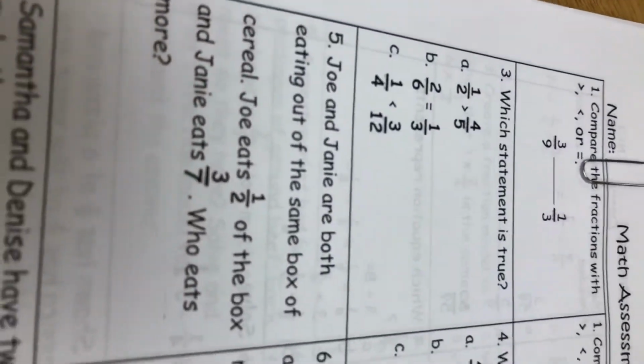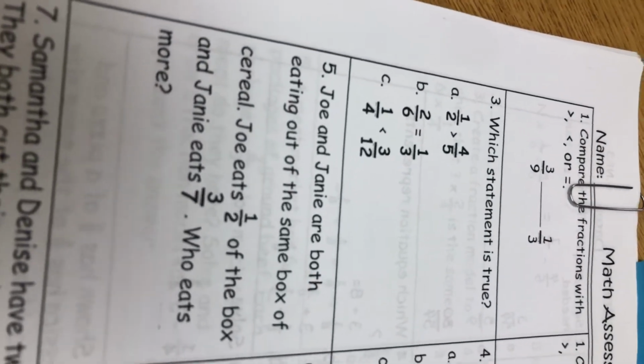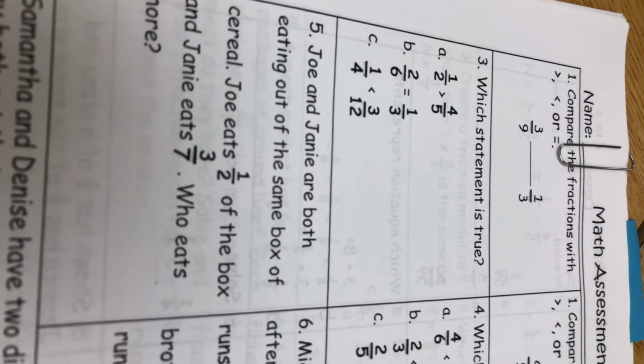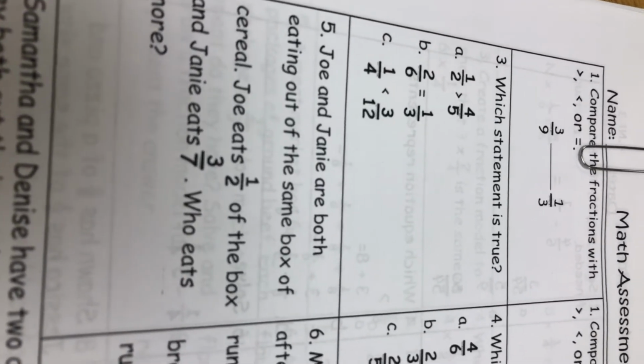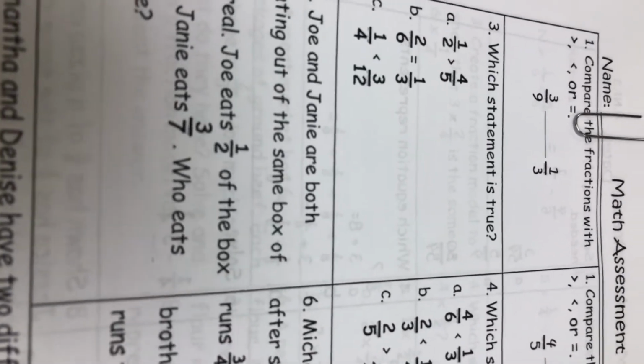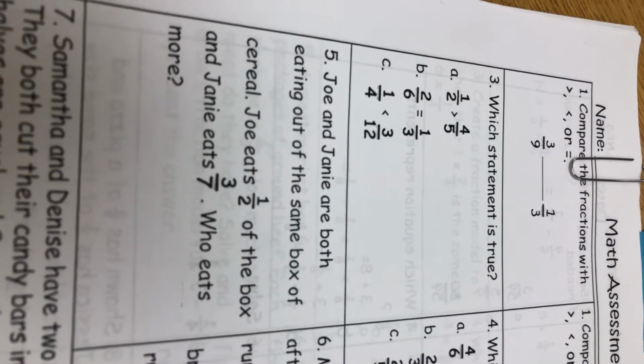I want you to read it. Maybe think about what you're going to do. Okay, so what we're going to do is take the two fractions and compare them because they want to know which one ate more.